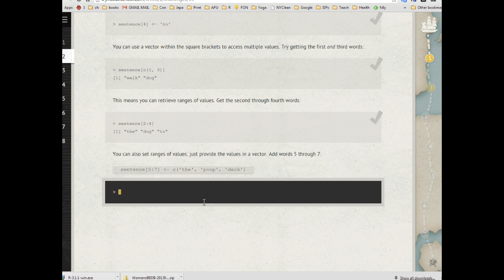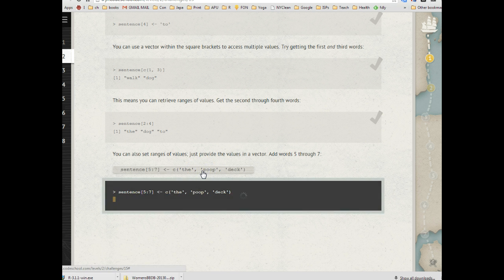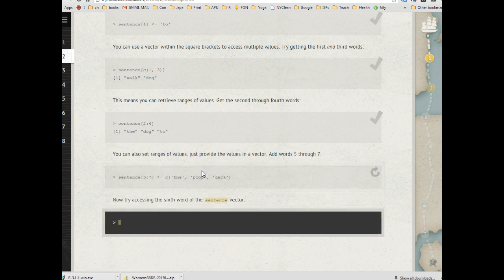What's this doing? What's that doing? Well, there are no 5, 6, or 7 elements. So what are we doing? We're creating those elements, and we're filling them with 3 strings. So we can do this, and now there is all of it.